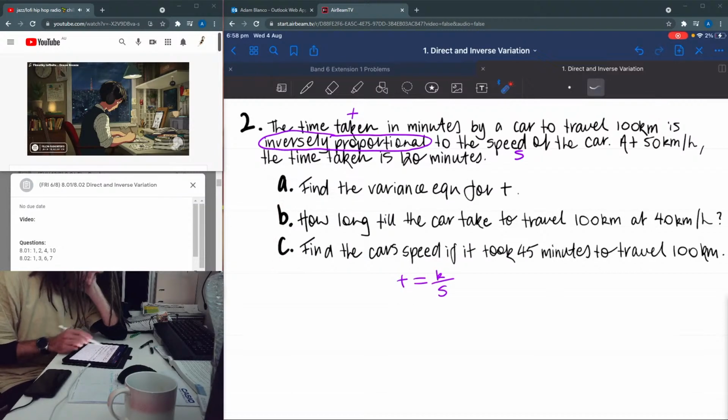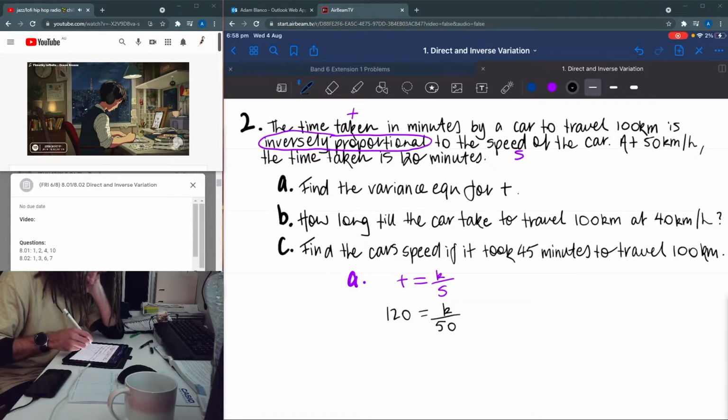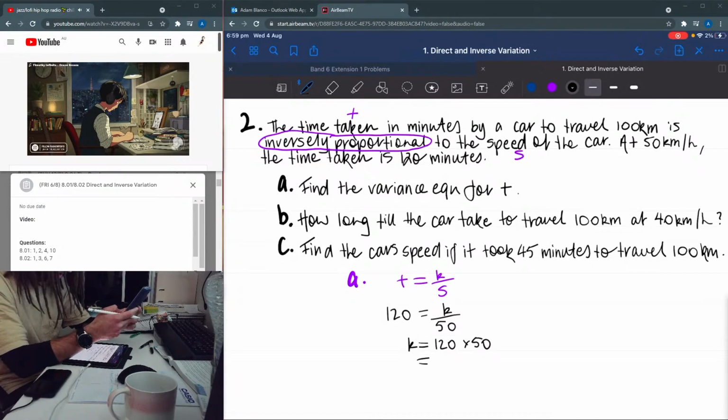Okay, find the variation equation. So this is A, that's my equation. I'm going to fill it in with what the question's given me at the very start. So 50 kilometers an hour, 120 minutes. 50 kilometers an hour, that's the speed, 120 minutes, that's the time. That means k equals 120 times 50, which is, damn it, is it 2000?